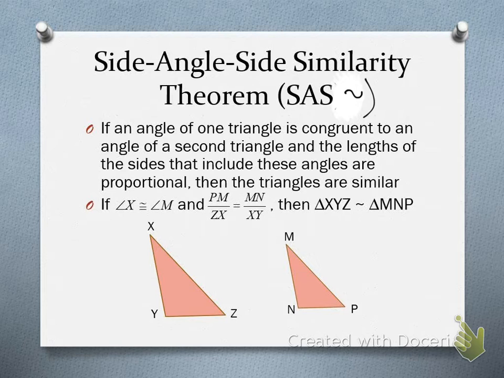So, if an angle of one triangle is congruent to an angle of a second triangle, that part's the easy one. So, in this case, they told us angle X congruent to angle M. And the lengths of the sides that include these angles are proportional. So, the important part here is included. Then the triangles are similar.